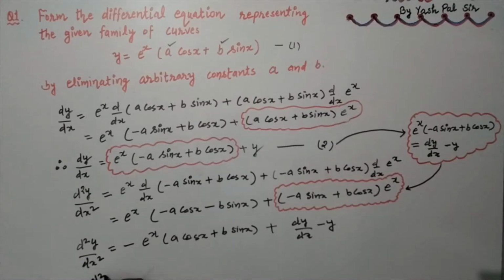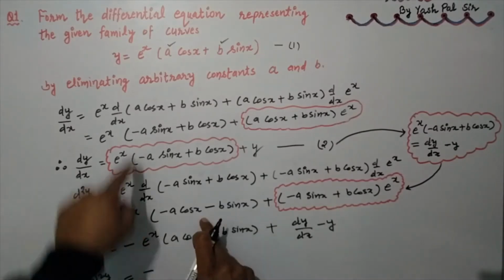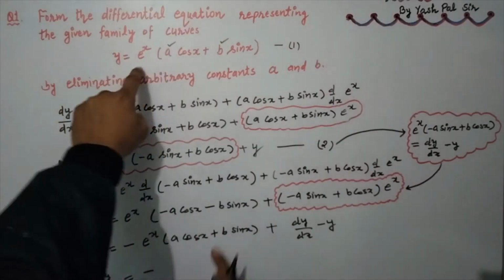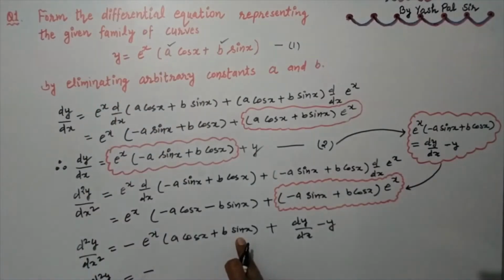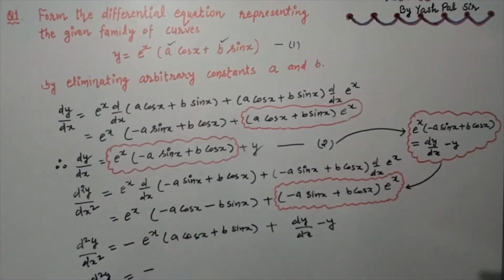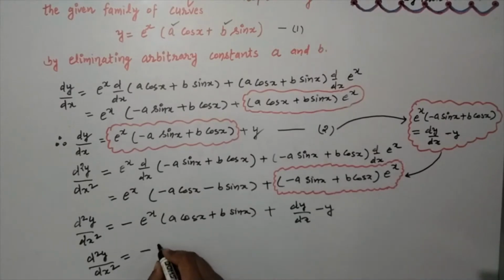In the very next step, d square y upon dx square is equal to minus this whole, which is once again y itself, e power x into a cos x plus b sin x. We are writing this as y.